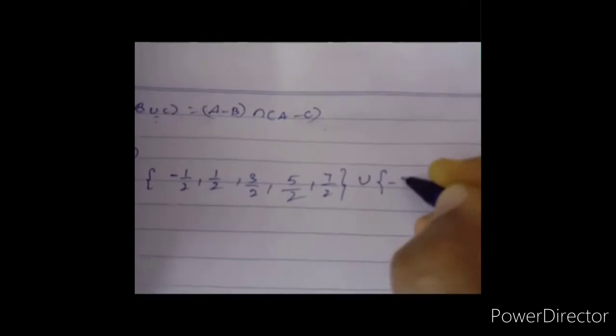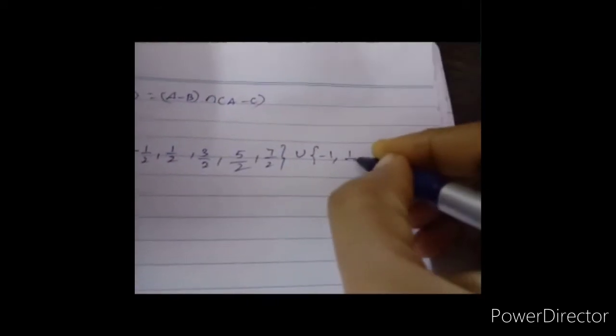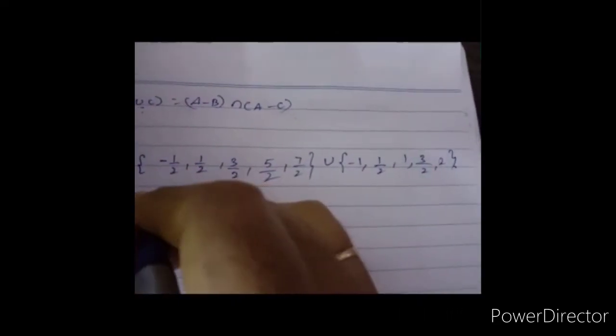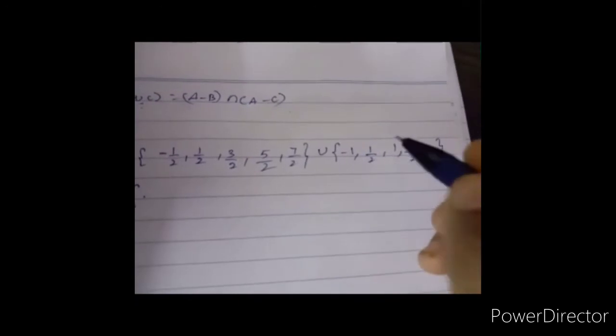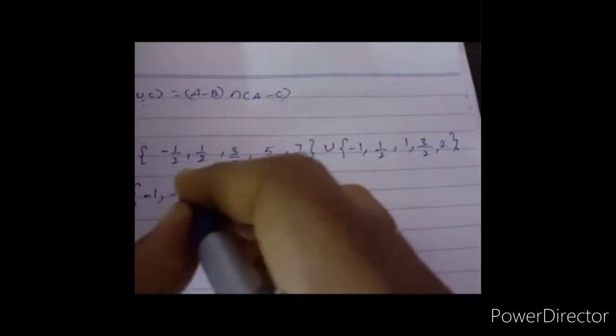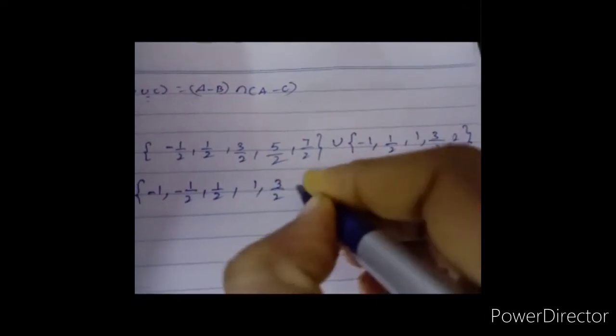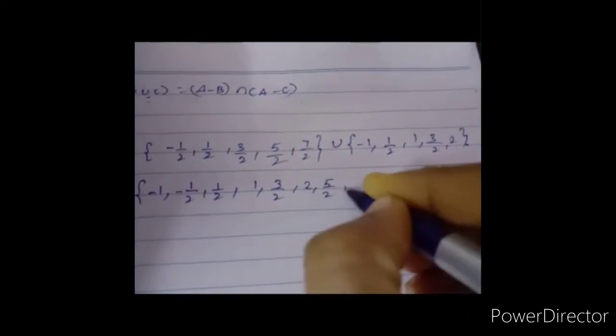Union C is {-1, 1/2, 1, 3/2, and 2}. Union means together you have to write. So here: -1/2, 1/2, 1, 3/2, 2, 5/2, 7/2.